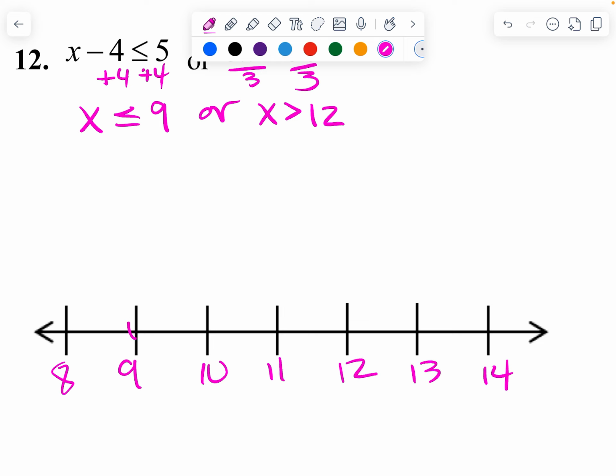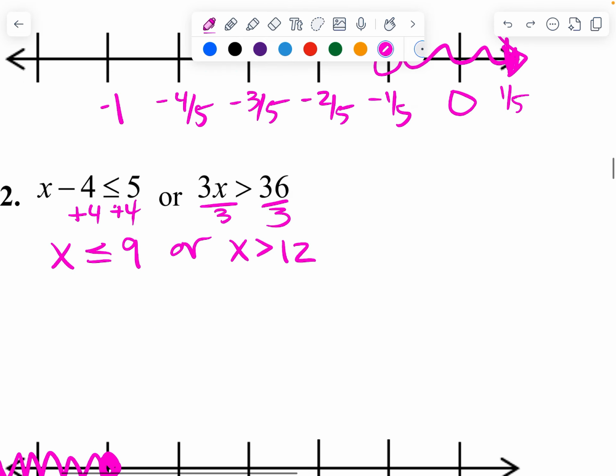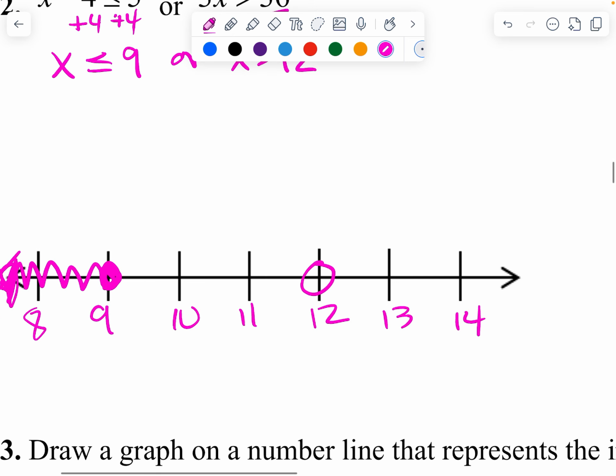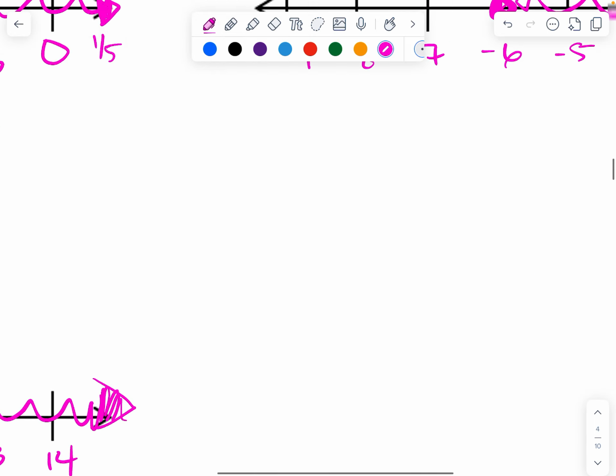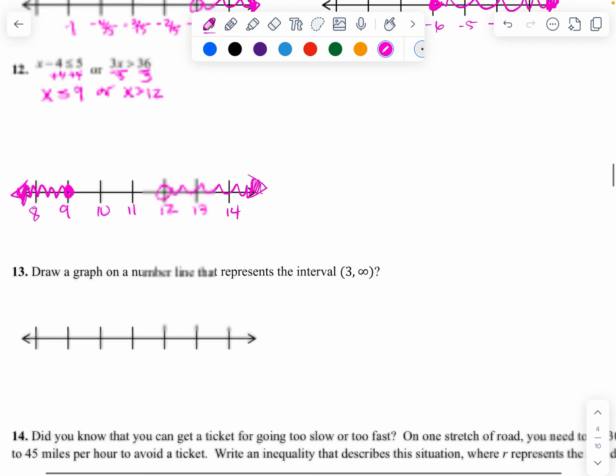So less than 9, or, oops, that is not a closed dot. It is an open dot at 12, and it's going above. Right? Yes. Okay, number 13.